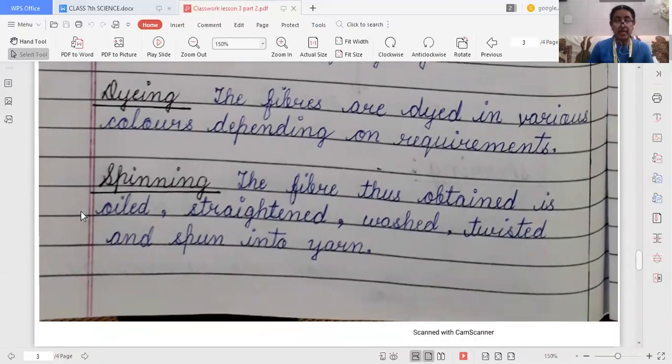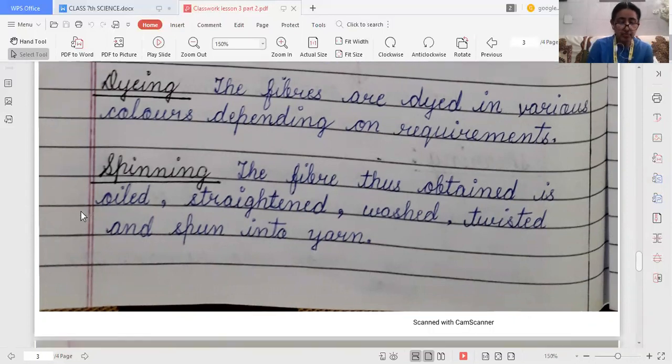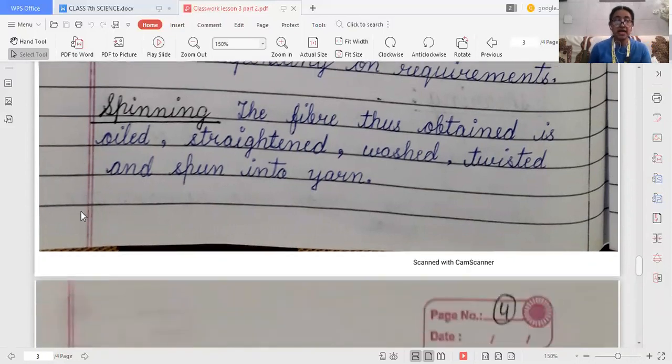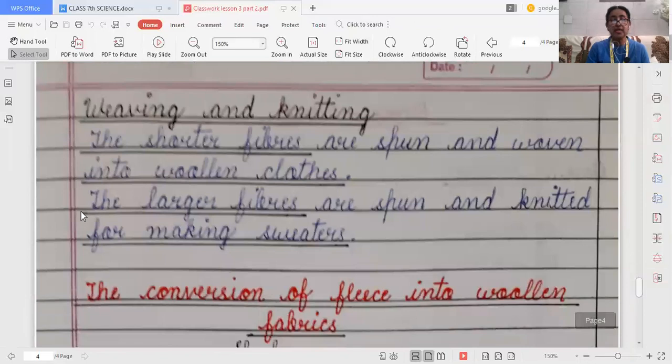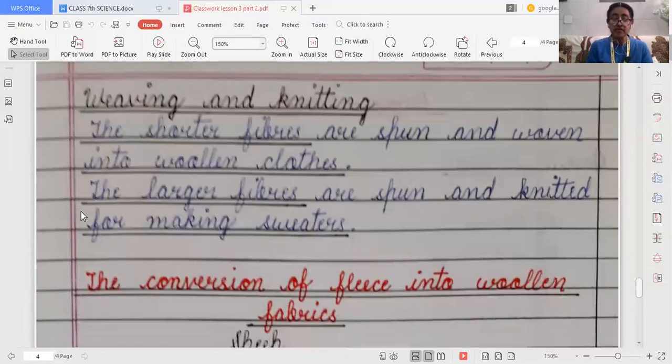Then comes the spinning. Now what is spinning? The fiber thus obtained is oiled, then it is straightened, then it is washed and twisted and spun into yarn. That is spinning. After spinning comes the weaving and knitting. Now I have underlined, I have highlighted this for you.